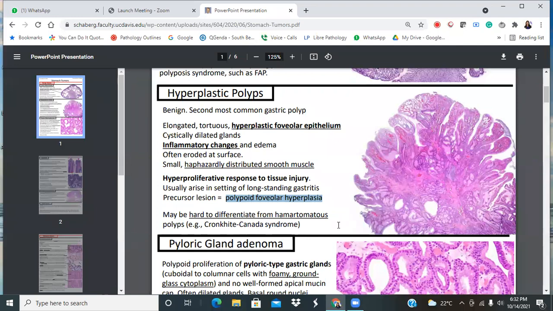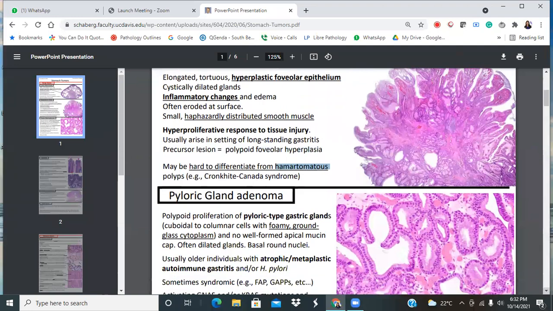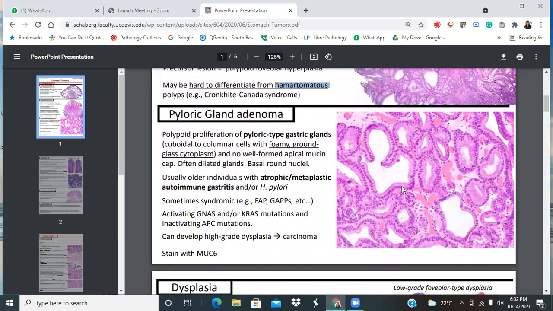So, hard to differentiate from the hamartomatous polyps, so hyperplastic polyps. Pyloric gland adenoma: polypoid proliferation of pyloric gastric glands, cuboidal to columnar cells with foamy ground glass cytoplasm. No well-formed apical mucin cap, often dilated, basal round nuclei.